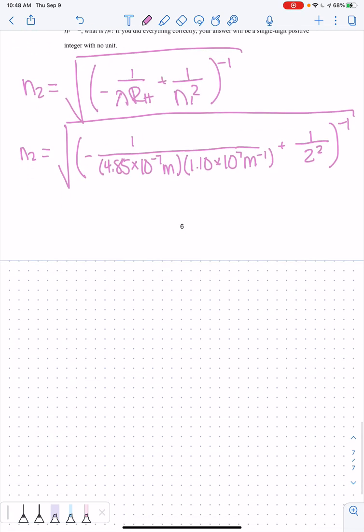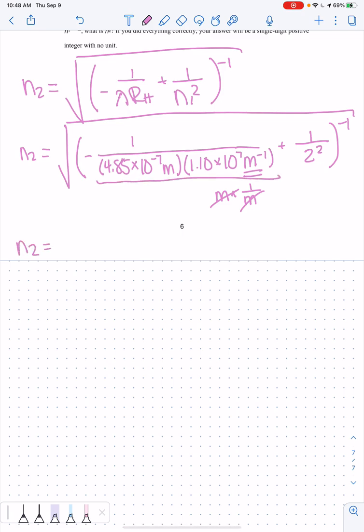So then we can just start plugging these things into our calculator. And one thing that I want to note is this m minus 1 value, and that is the same thing as writing 1 over m. And so when we have m times 1 over m, our units actually cancel out. So this denominator here will actually be unitless.